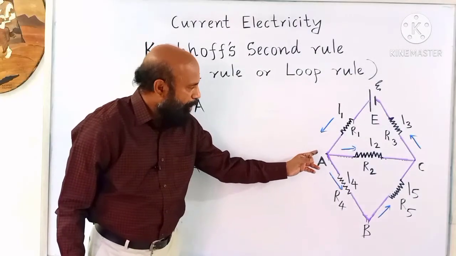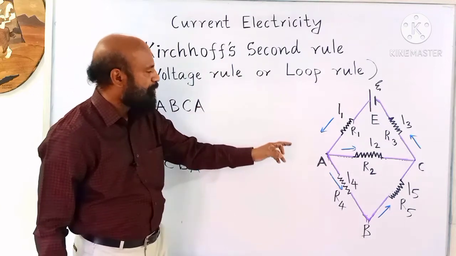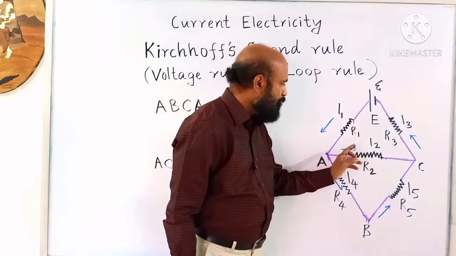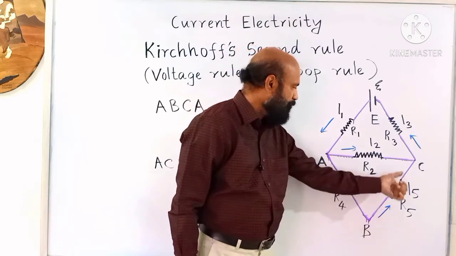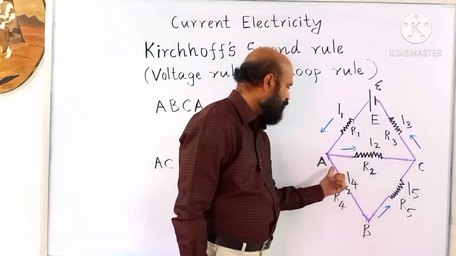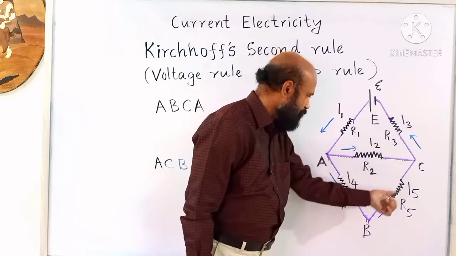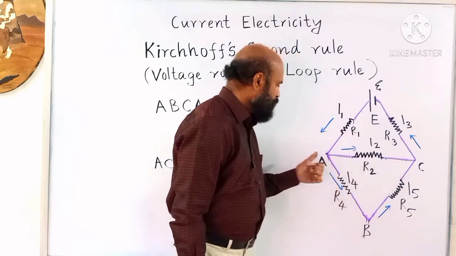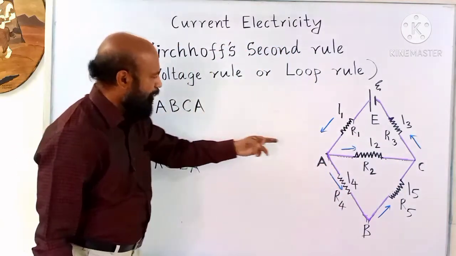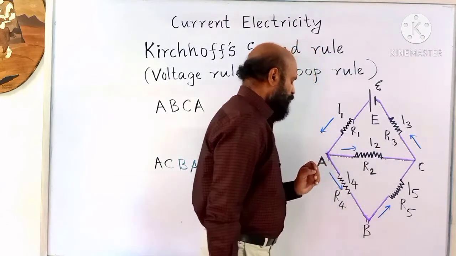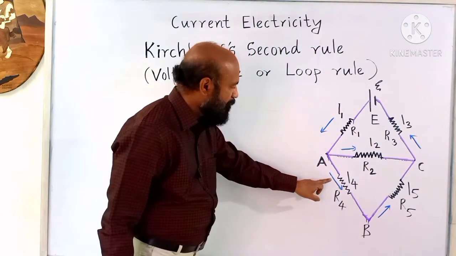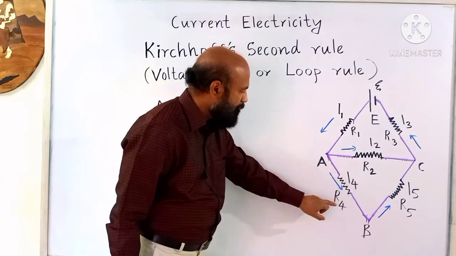Now I will apply Kirchhoff's second rule for this closed loop. Direction of the loop can be in this direction or opposite. First let us see ABCA. Then here current is I4, resistance is R4.